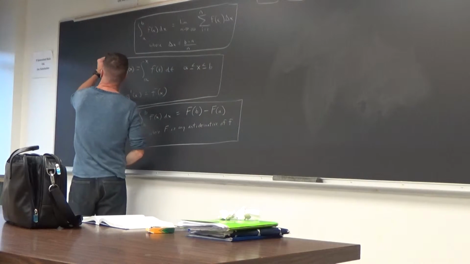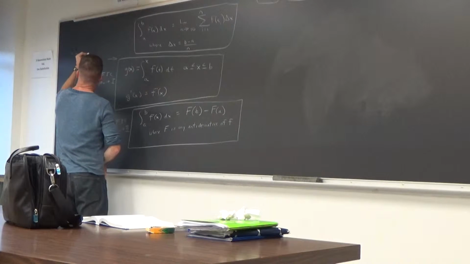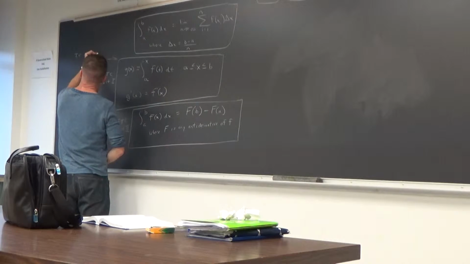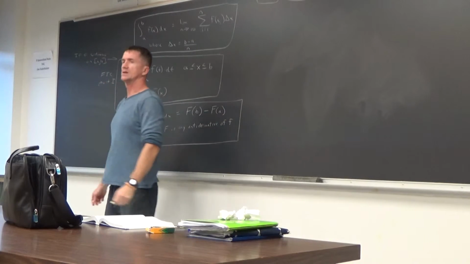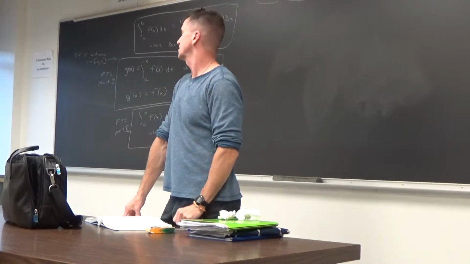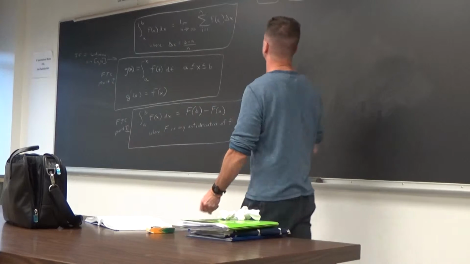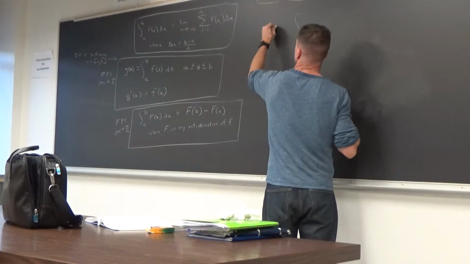Keep in mind, they said that if f was continuous on the interval a to b. I just don't want to make you include all that writing because you will see that right in the textbook. So how about this? All right, I'm going to call this g of x.